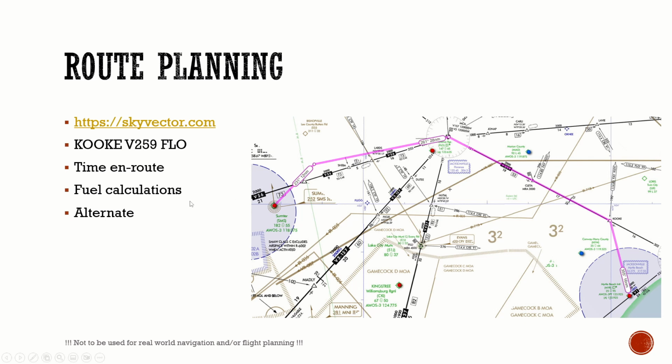All right. So let's actually start with fuel calculations, time en route, and so on. From this path, the SkyVector tells me that it's 92 nautical miles. Actually, since I will more likely be departing to the south here, it might take some additional miles. So we'll add some.